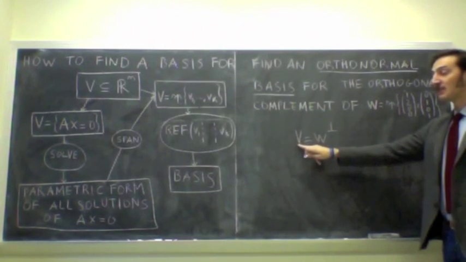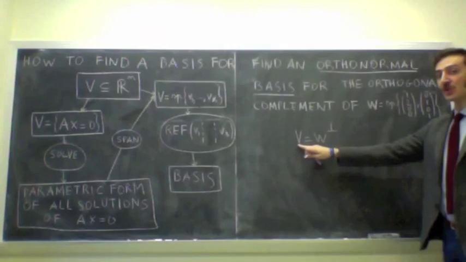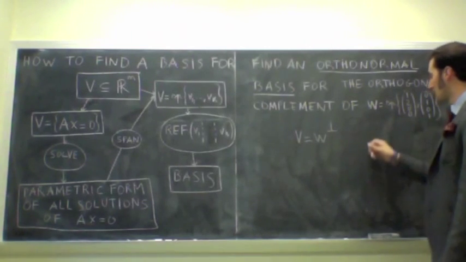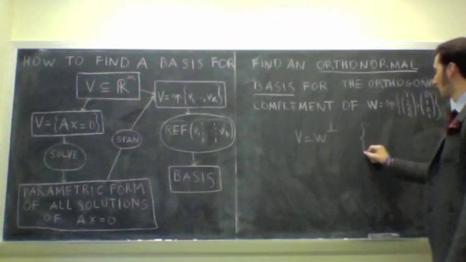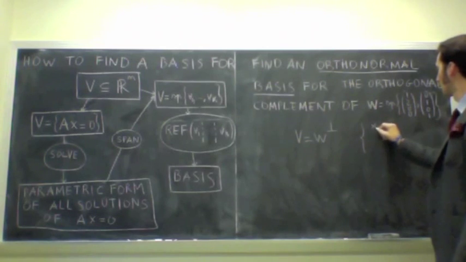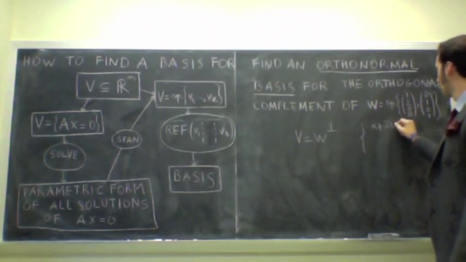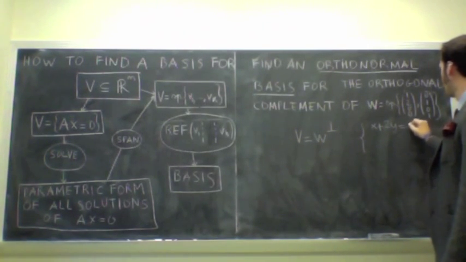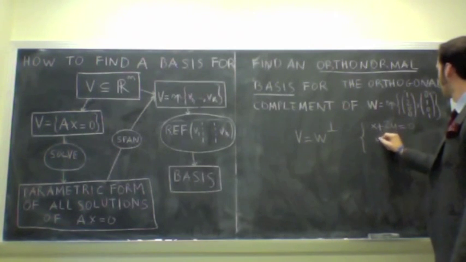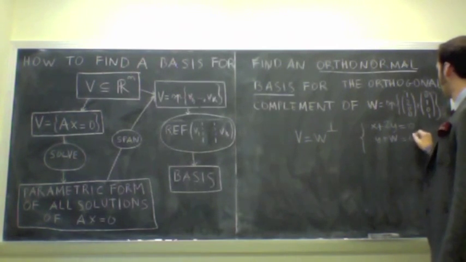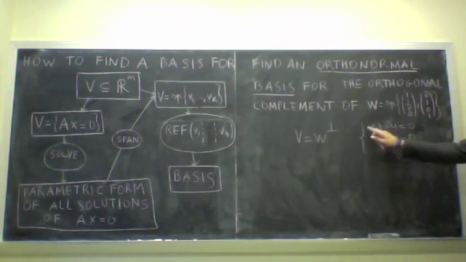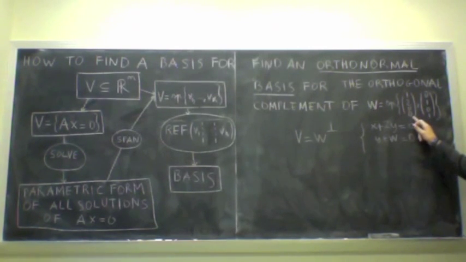So V is presented by equations. The first equation requires the orthogonality with respect to the first vector.